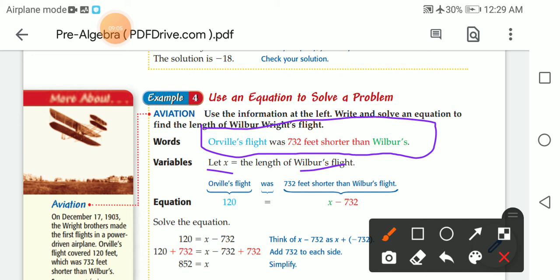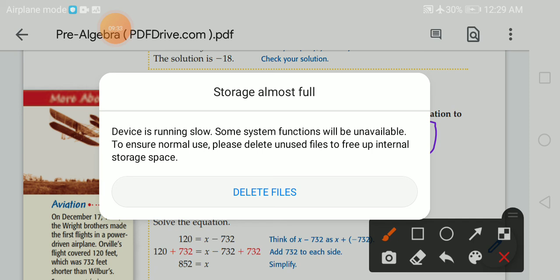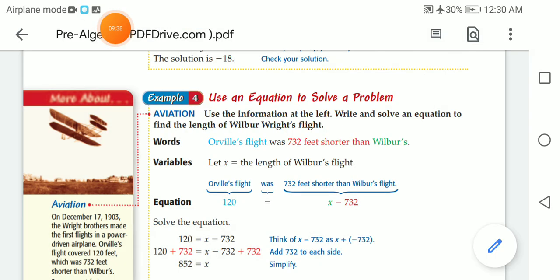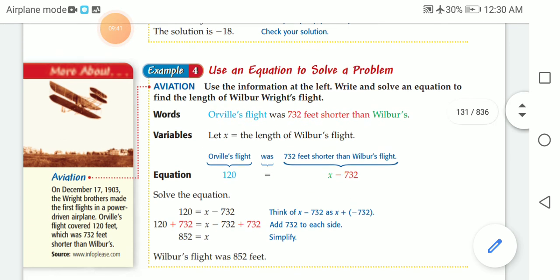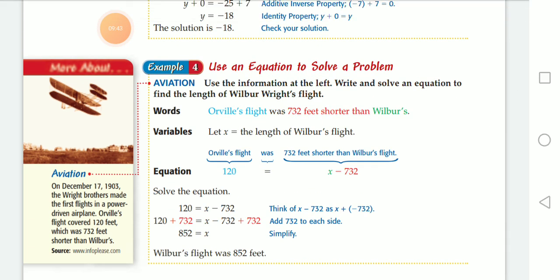Orville's flight here is 120. Shorter by 732 means x minus 732. So I have 120 equals x minus 732.